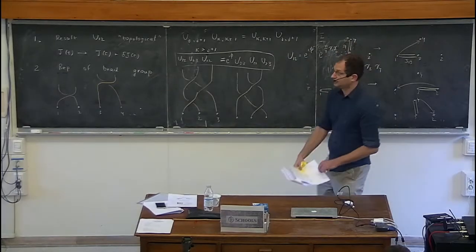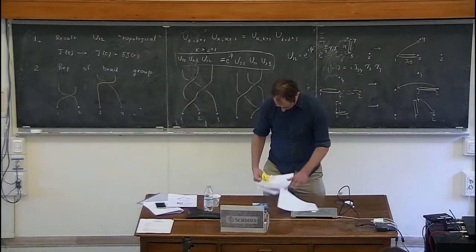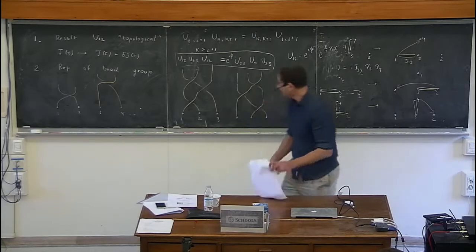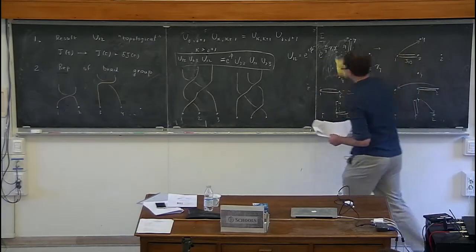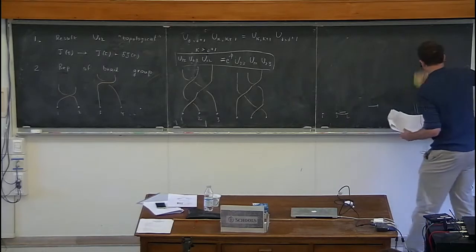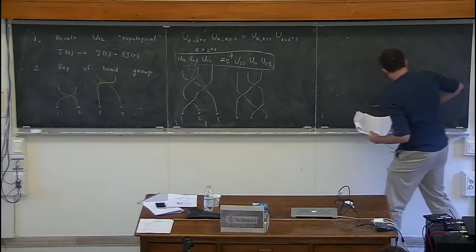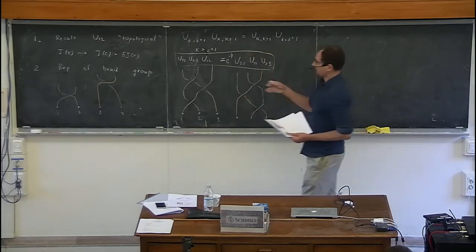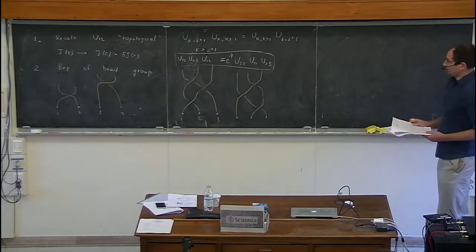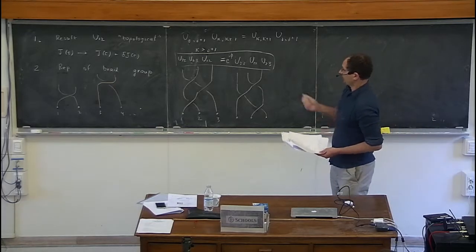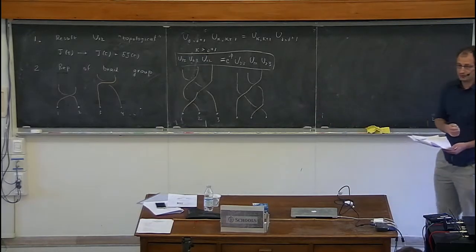Right, so I think I'm going to break here. So the two things I want to discuss before moving on to fractionalized Majoranas are these. We saw that you can get a representation of the braid group using Majorana zero modes.